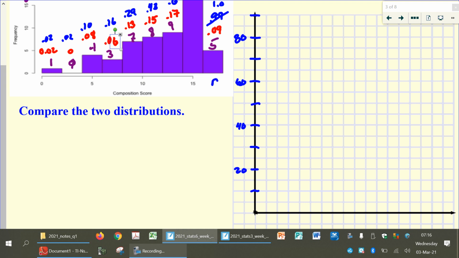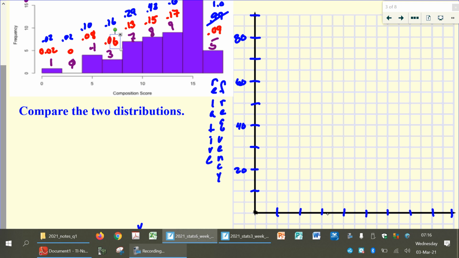Remember, this is relative frequency. And down here, we know we got to get to that 16, 18.